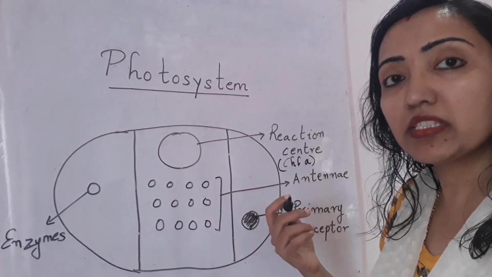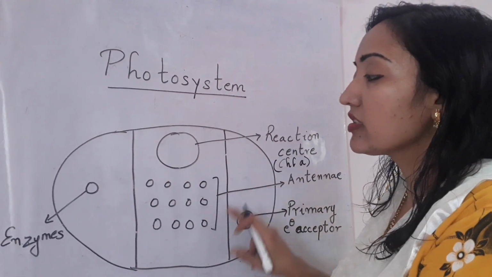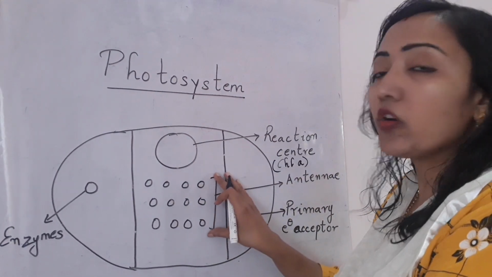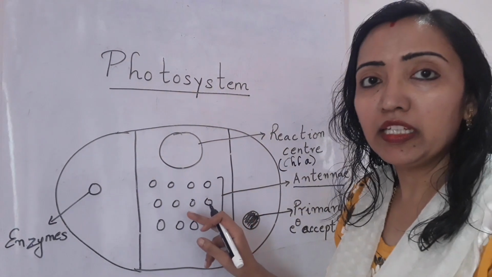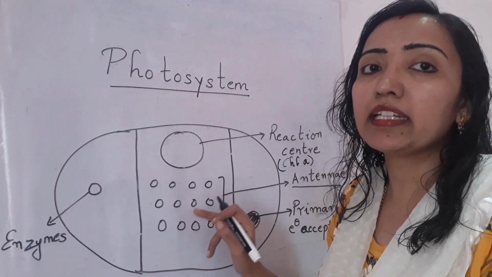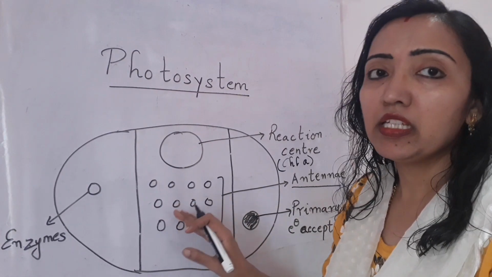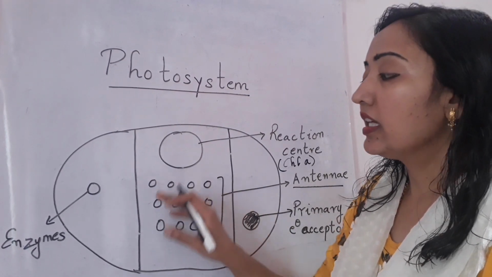So once again we will study the photosystem. Photosystem consists of many pigments. These pigments all together are known as antennae, and they consist of chlorophyll B, xanthophyll and carotenoids.